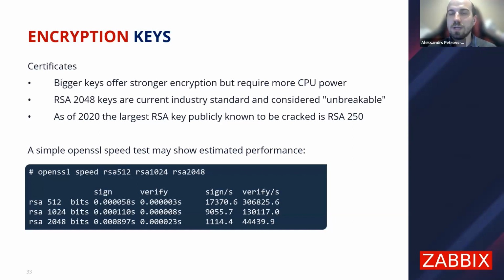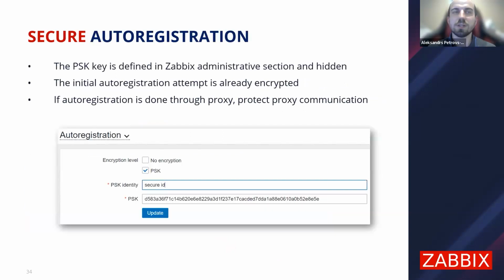And if you're not sure how well your environment will do, you can use OpenSSL to actually speed test how well it will do with certificates and keys of different length variation. And you can think of it almost as values per second. So this is approximately how the communication between the database and the server could work. Not exactly, but a bit close.